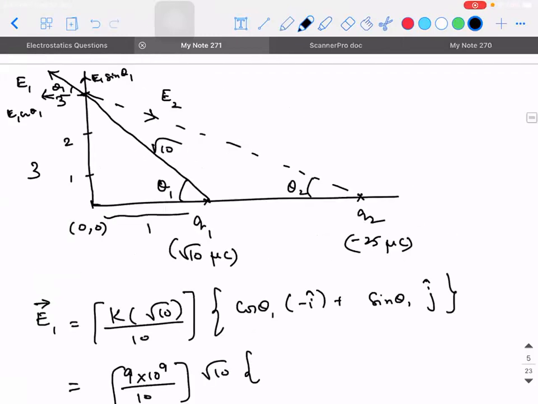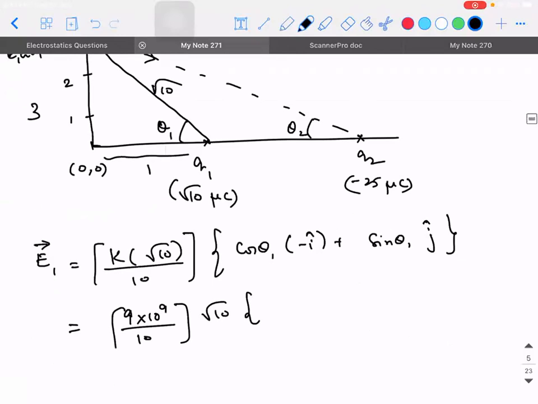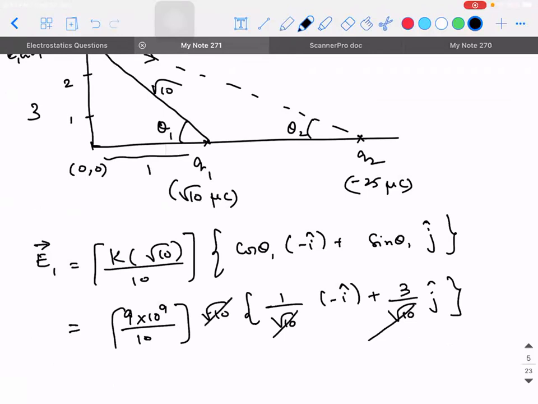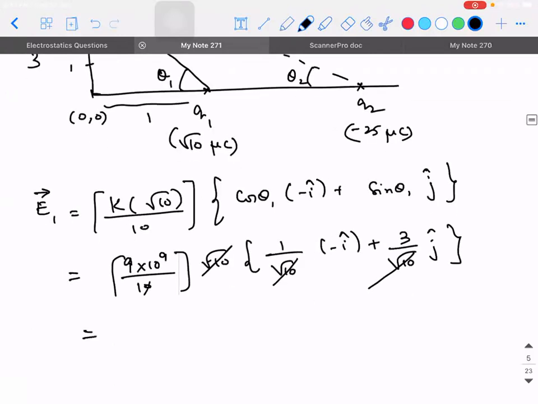So what is cos theta 1, guys? Is it not 1 by root 10? 1 by root 10 minus i cap plus 3 by root 10 j cap. So root 10 is gone. 9 into 10 power 8 into minus i cap plus 3 j cap is the electric field 1.